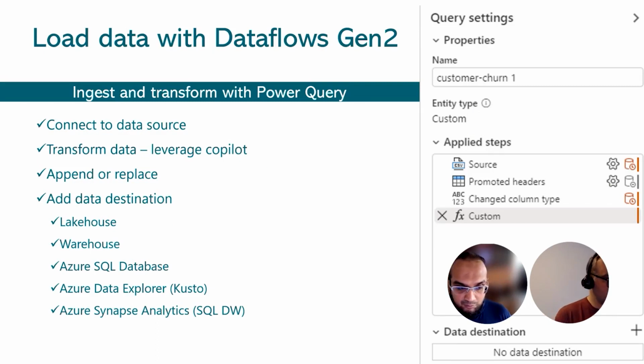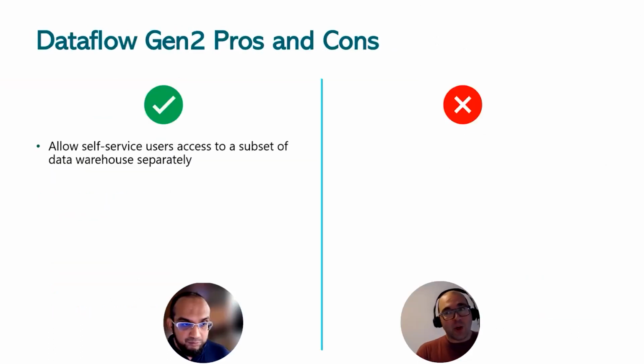So probably you are not so interested in Azure Synapse Analytics, and you can perform either appending or replacement of the data that is already stored in the destination. So this is a huge enhancement in Dataflows Gen2 compared to Gen1, because now you can write data to a destination.